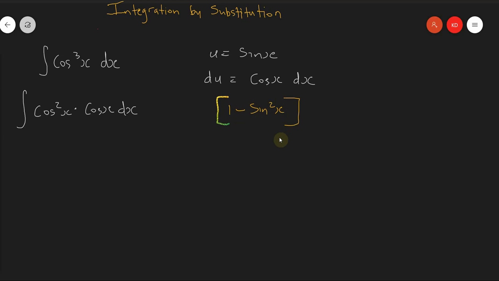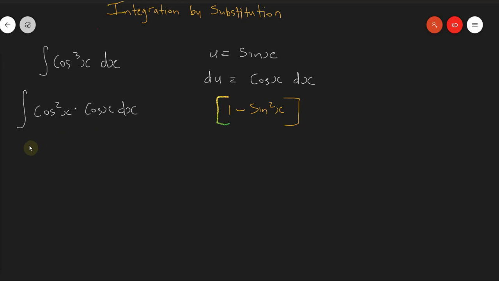Because we would want to do this, since we are letting u equal to sine x, we'd want to replace what is here with something containing sine, so that we can completely replace the x's with u's, right?